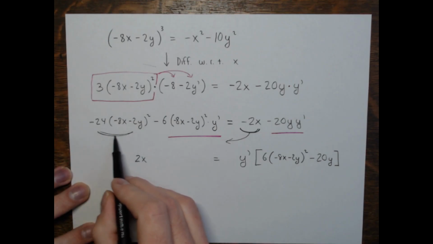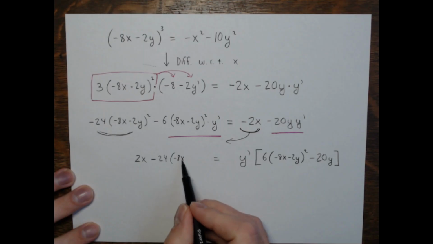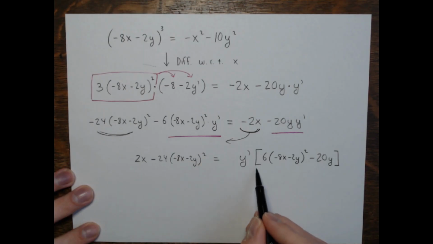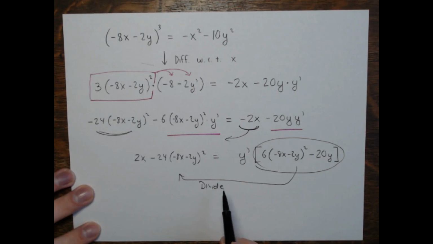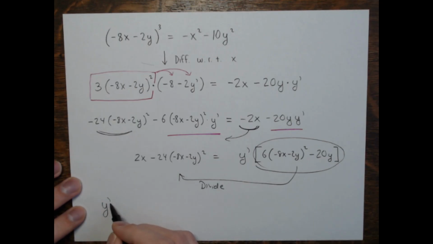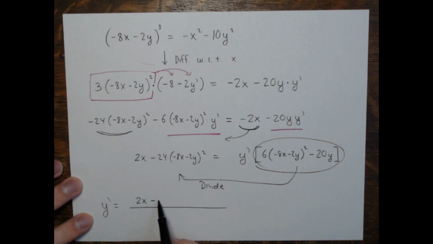And then I still have this other term over here without y prime, minus 24 times the quantity -8x minus 2y, squared. And then I'm dividing by this thing in the brackets here, right? So I'm dividing by this. So we'd have y prime equals this 2x minus 24 times the quantity -8x minus 2y squared, all divided by this expression here, 6 times the quantity negative 8x minus 2y squared, minus 20y.